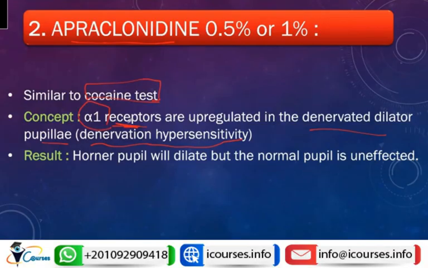But since the Horner eye shows denervation hypersensitivity, this drug, even at a weak concentration, will cause its effect on the pupil, leading to dilatation. So the Horner pupil will dilate, but the normal eye pupil will be unaffected. So the result will be the converse in Horner syndrome.